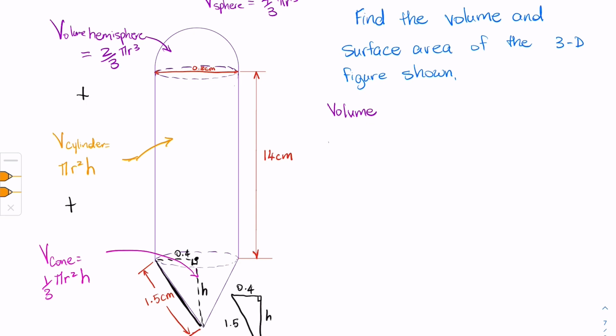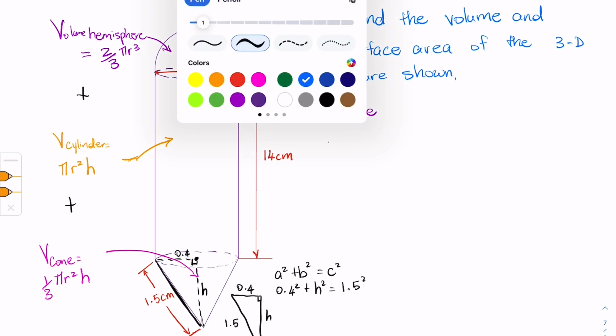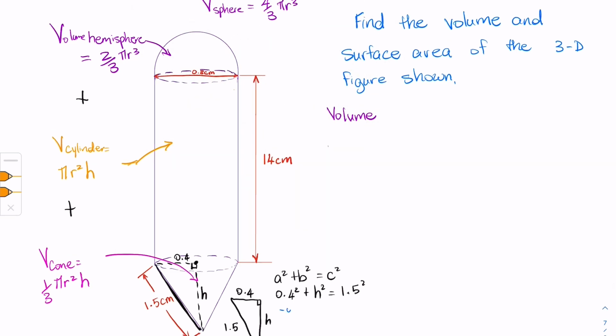And the Pythagorean theorem states that a squared plus b squared is equal to c squared, where c is the hypotenuse. So now we can finish that by saying 0.4 squared plus h squared equals, for the hypotenuse, 1.5 squared. Now in order to solve for h, we can subtract 0.4 squared from both sides.